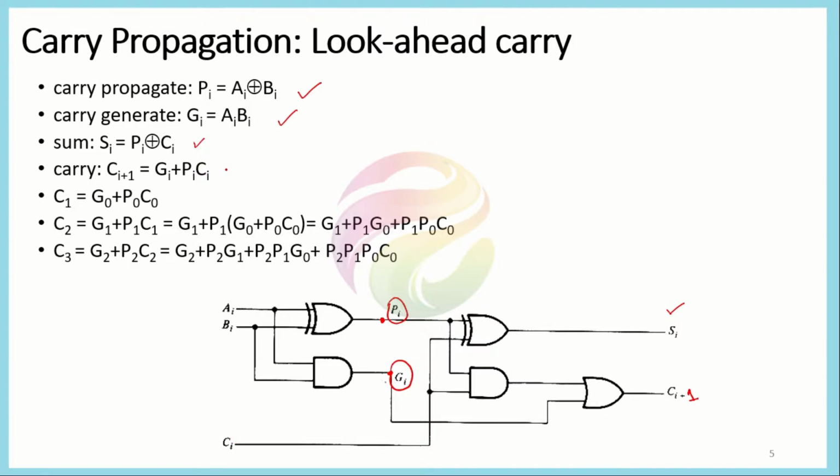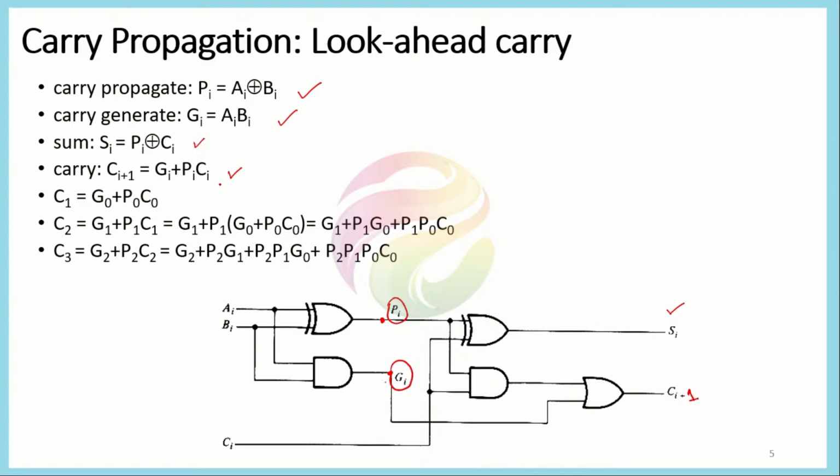Similarly, the next carry is generated, represented as Ci plus 1. You have to remember this, because this is the next carry to be generated. It is basically the OR of these two AND gates, so it is represented as Gi plus Pi into Ci.